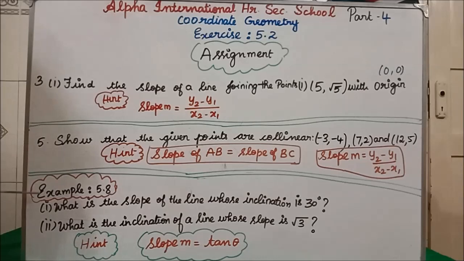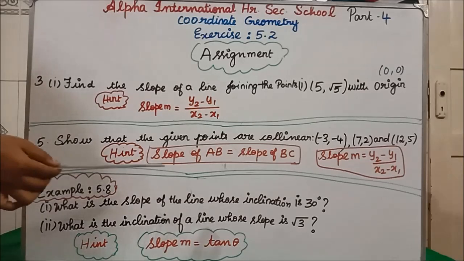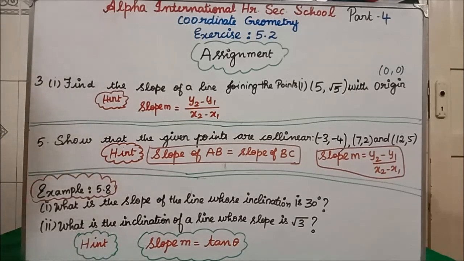Clear? Now, example 5.8. What is the slope of the line whose inclination is 30 degrees? I have told you in exercise 5.2, first problem, inclination means what is the slope? Which means we have to find m whose inclination is given. Inclination means theta or angle we can say.